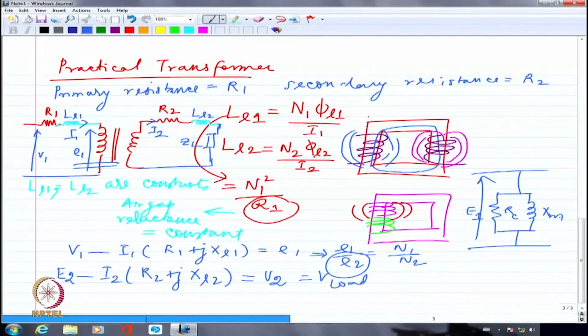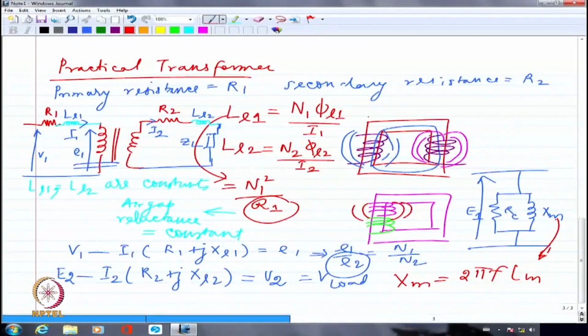So if I say this Xm is equal to 2 pi f Lm, right? That's what I would say as Xm. Now Lm can also be represented by N1 multiplied by phi m divided by the magnetizing current. I hope you understand.